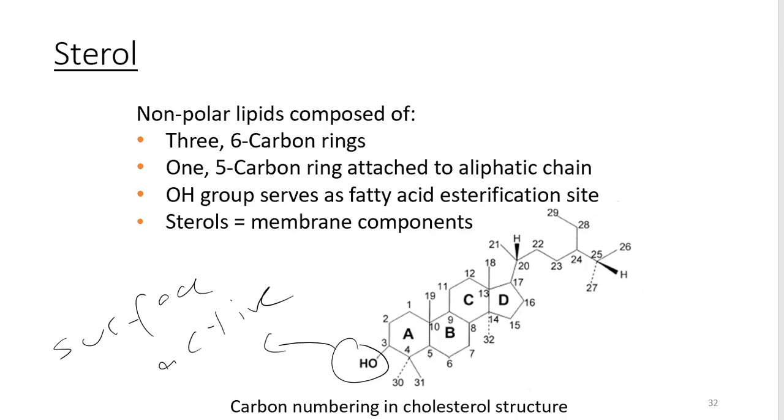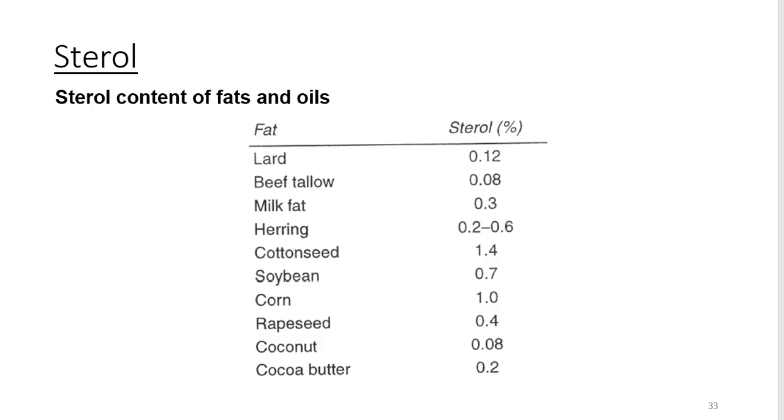Therefore, cholesterol can orient itself into the cell membrane, which helps stabilize membrane structure. And here is the sterol content of different fats and oils. As you see, they are minor lipid components and found in very small percentages in fats. But they are very valuable.